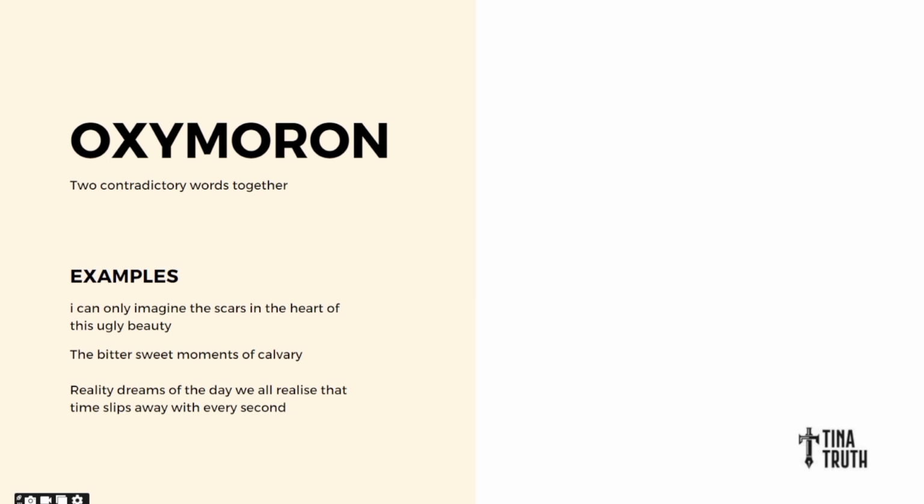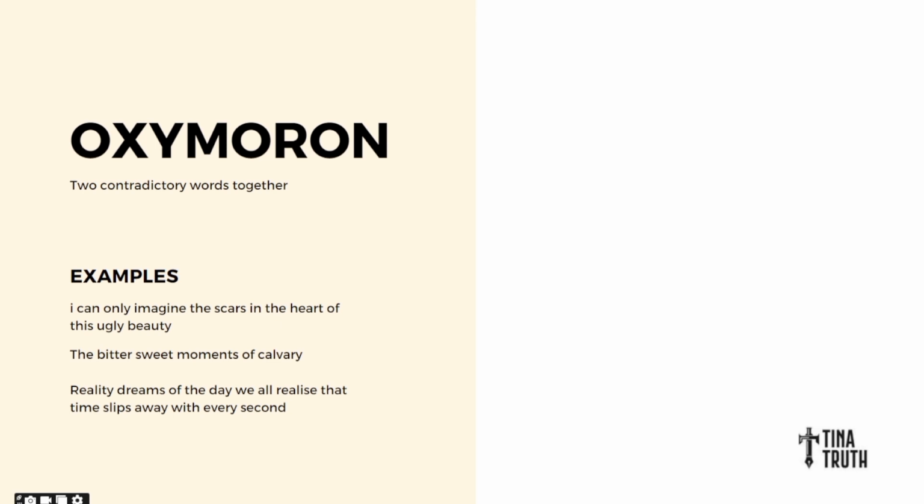And the third one is reality dreams of the day we all realize that time slips away with every second. Now, if you notice, I used this oxymoron in a way, I said reality dreams of the day. Now, the oxymoron here is reality dreams. Reality, dream together.